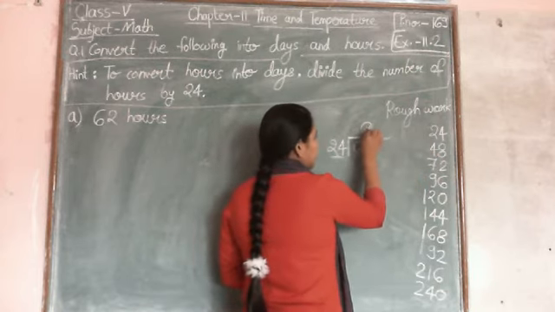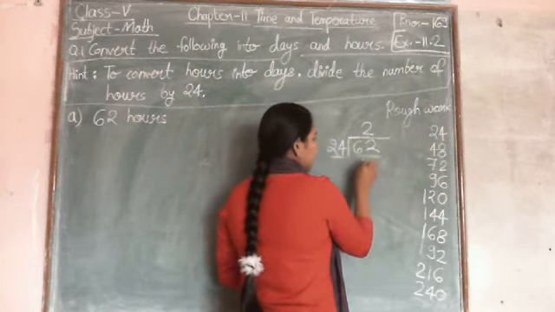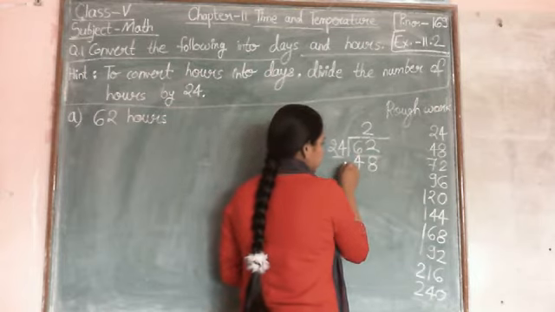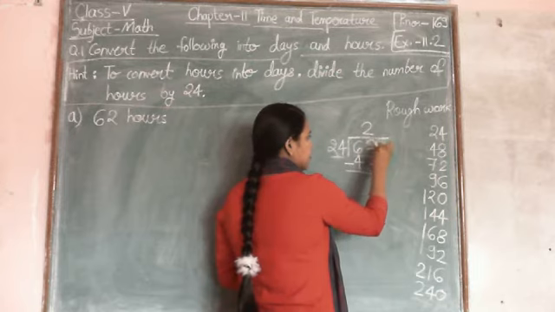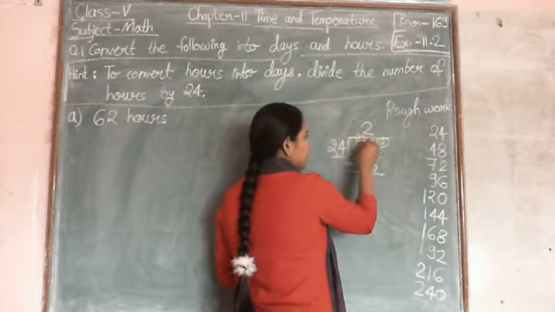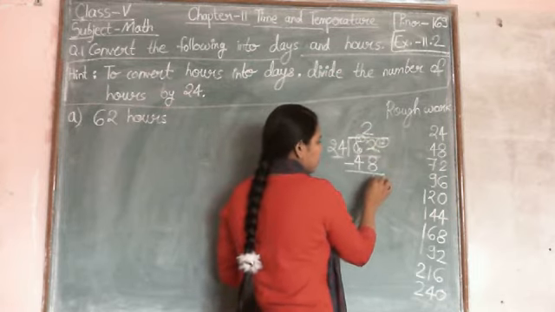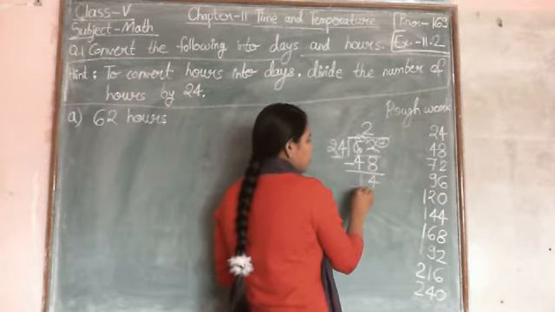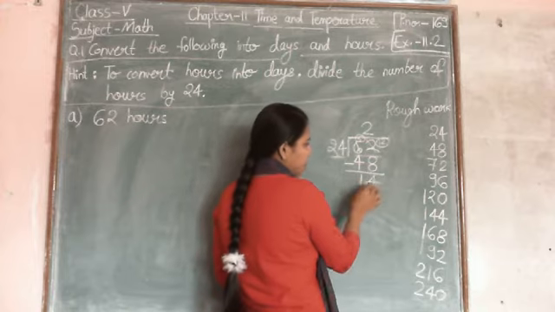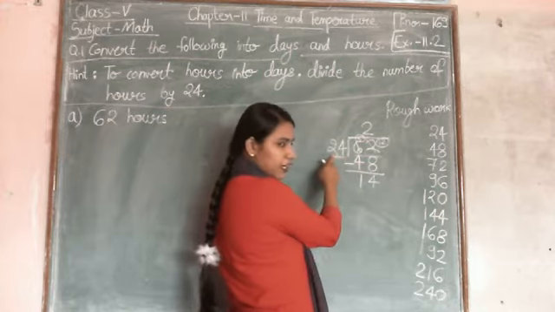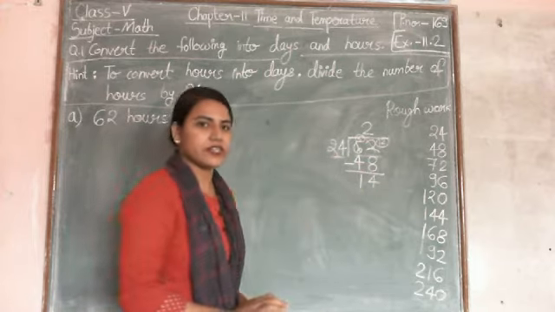In 2 times. 24 2s are 48. Now subtract: 12 minus 8 is 4 and 5 minus 4 is 1. Now we have remainder 14. 14 is smaller than 24, so we will stop our division here.